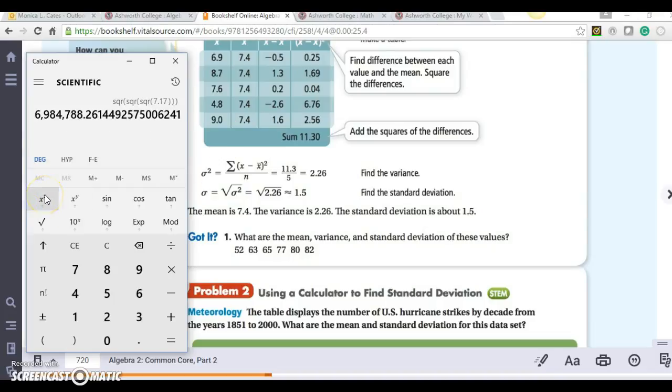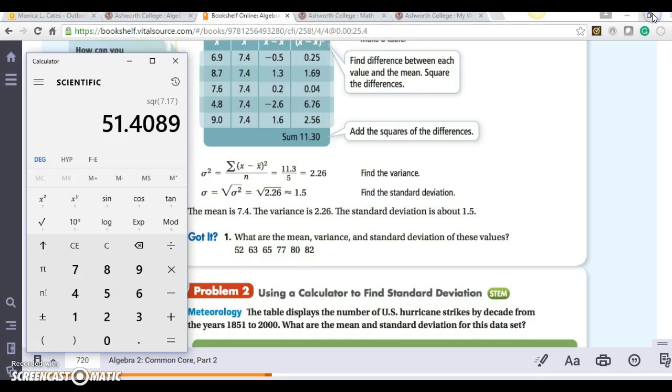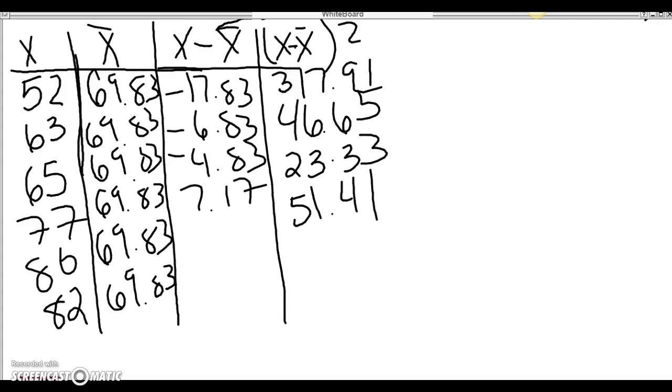I squared it and I get 51.41. Then I have 80 minus 69.83, and I get 10.17.